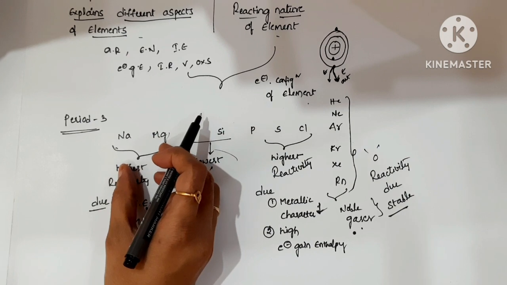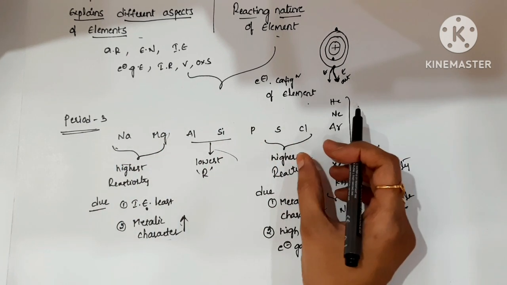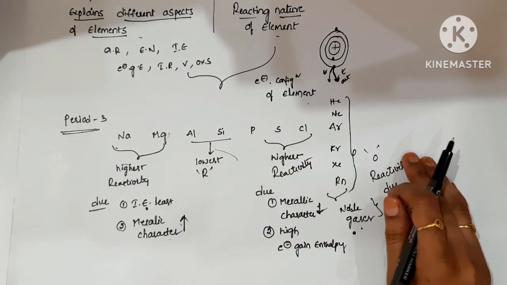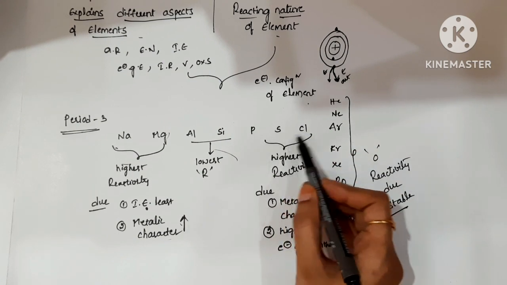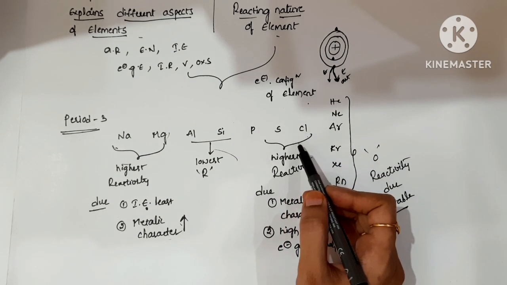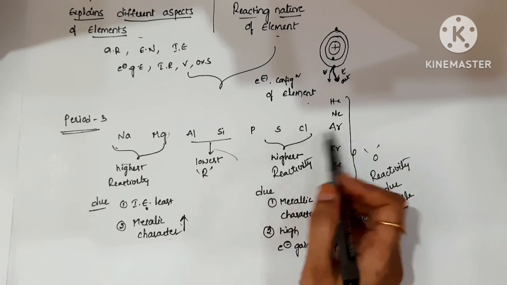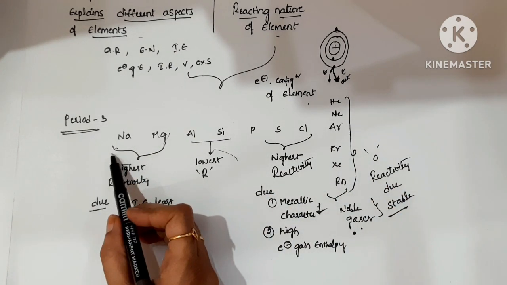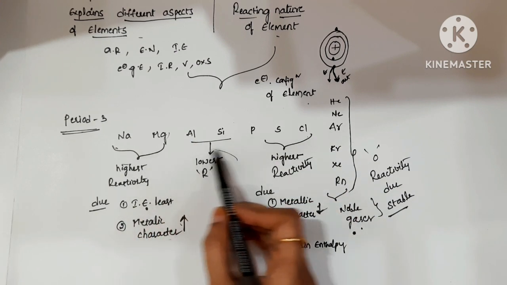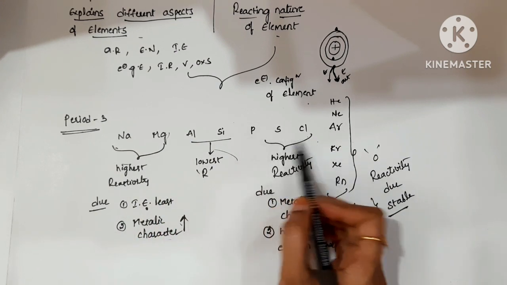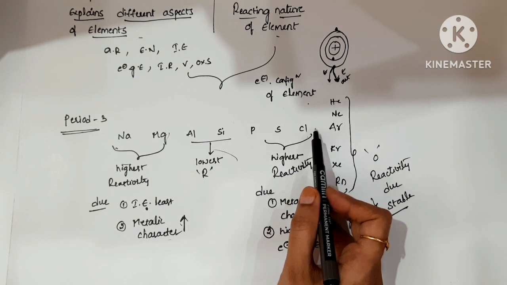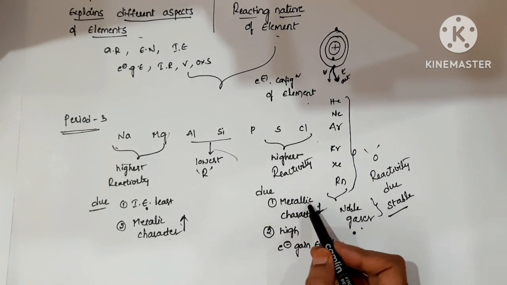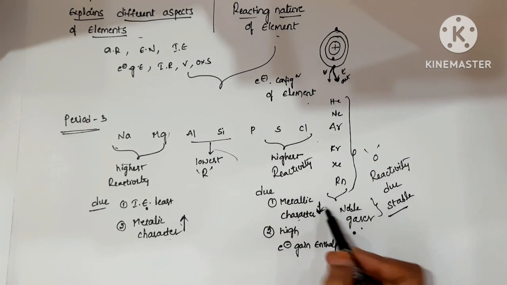Here elements have high metallic character and here very low, so non-metallic character increases. These are the p block elements and these are the s block elements. From left to right metallic character decreases, meaning these elements are non-metals.